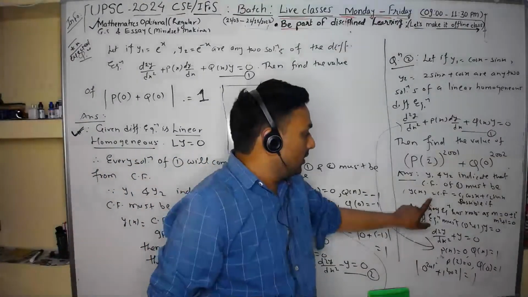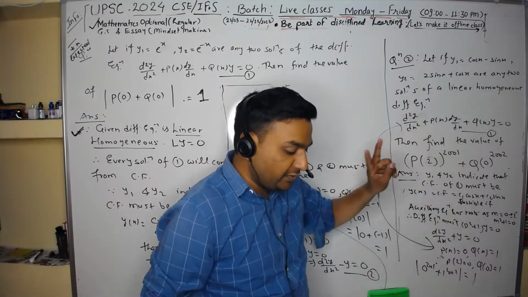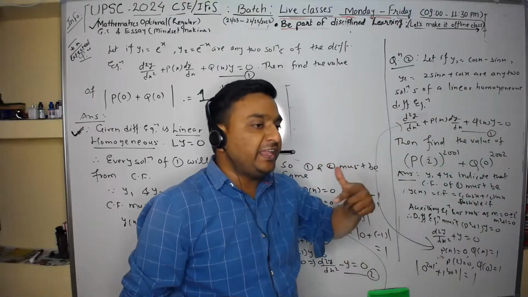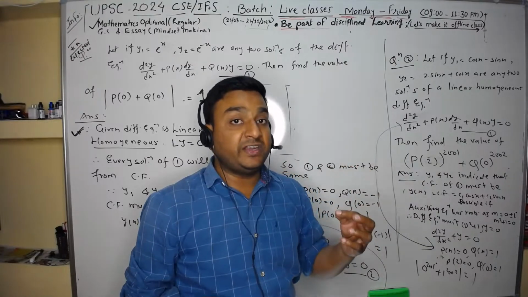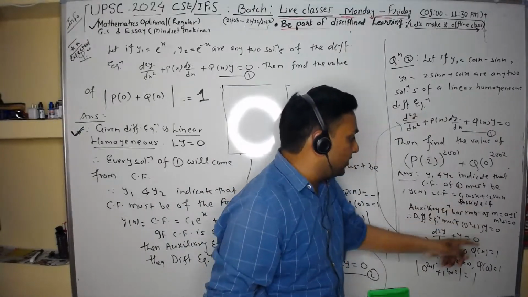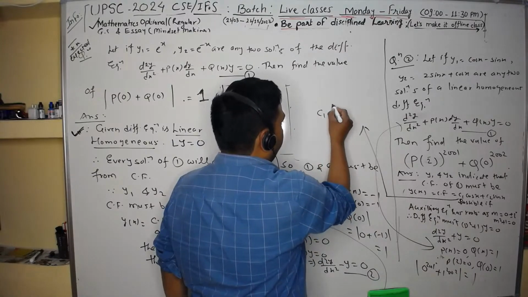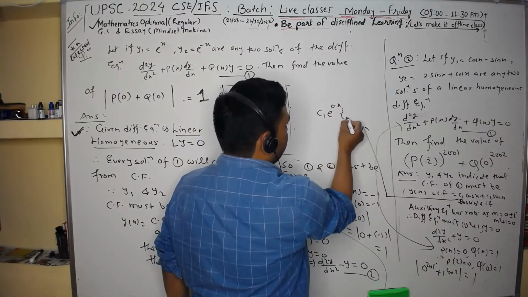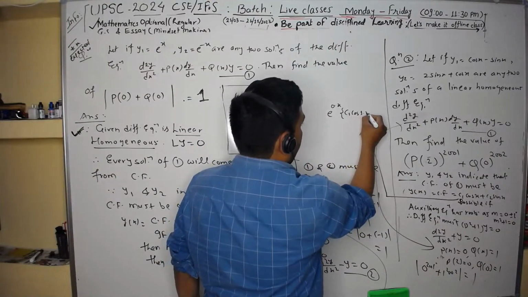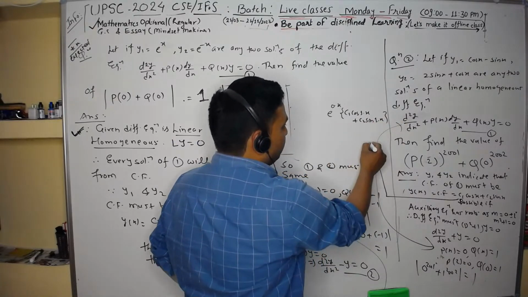Priyanka, if CF is of this form, since the differential equation is of order 2, the auxiliary equation will be of degree 2. Auxiliary equation, how do you find it? By replacing D by m, right? So if CF is looking like this, in general CF will be e raised to the power 0 into x, C1 cos 1 into x plus C2 sin 1 into x.